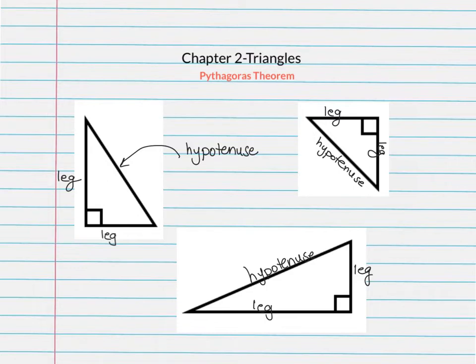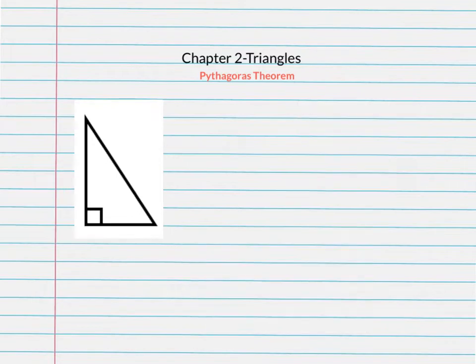And I want you to keep in mind that a hypotenuse in a right triangle always has the largest or the longest measure, the longest length. Let's take an example here. As we said, the one that is facing the 90 degrees is the hypotenuse, and we agreed it has the longest length, and this is a leg and this is a leg.